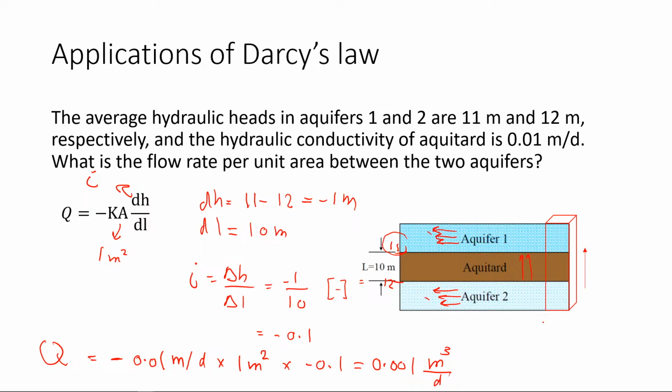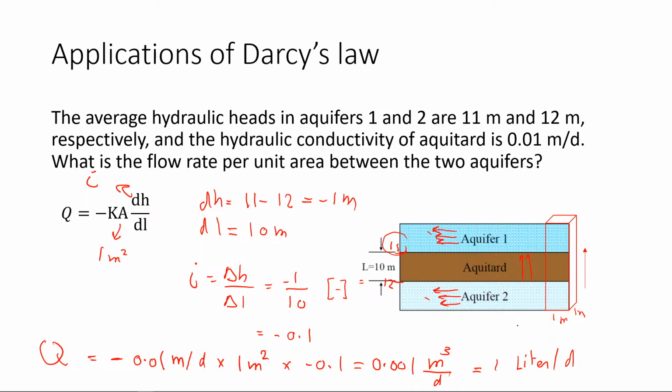0.001 meter cubed per day. So over 1 meter length by 1 meter width, over a distance of 10 meters, each day I get about 1 liter per day. So you don't even see it, and that's why I told you there is almost no flow.